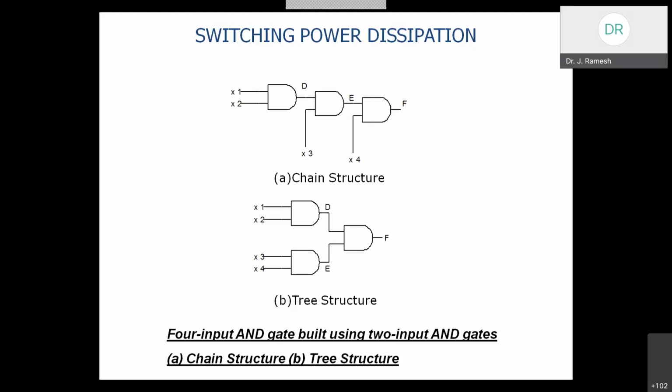Forget about the points D and F. The only variation in these two structures will be at the point E, the switching activity at the point E. So now, if you compare the switching activity, which one is higher? Is 7 by 64 greater, or is 3 by 16 greater?